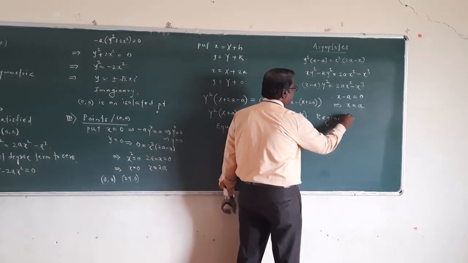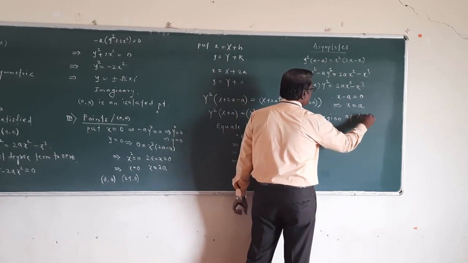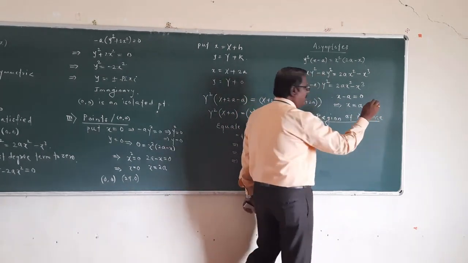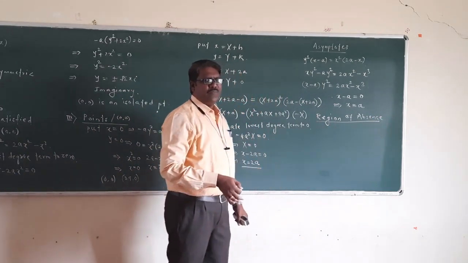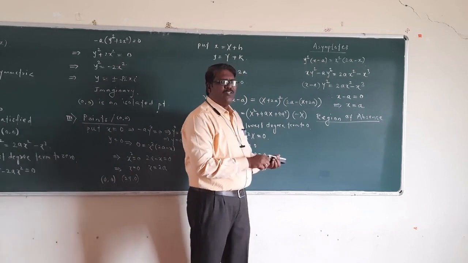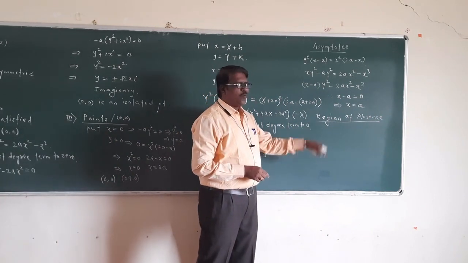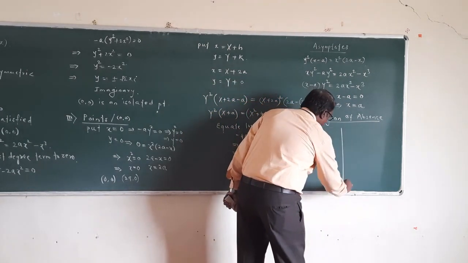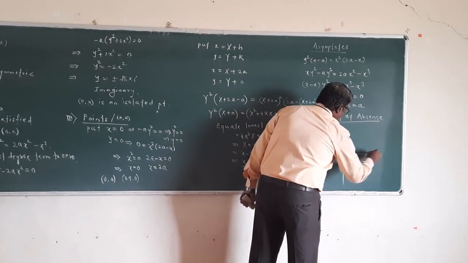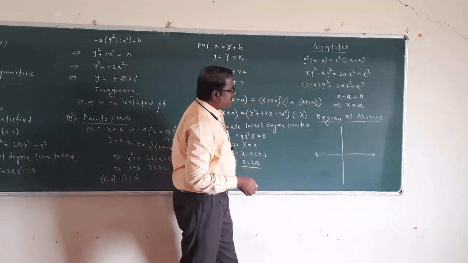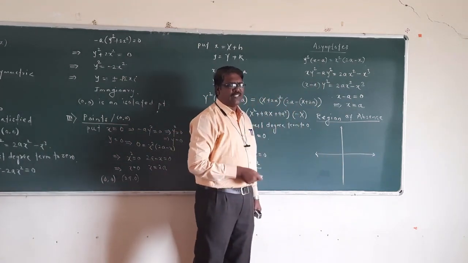The fifth point is the region of absence. There are many methods to check the region, but whatever method we have decided, the first step is to plot the points of intersection. So first I will draw the x-axis and y-axis. Step number 1 is plot the points of intersections.